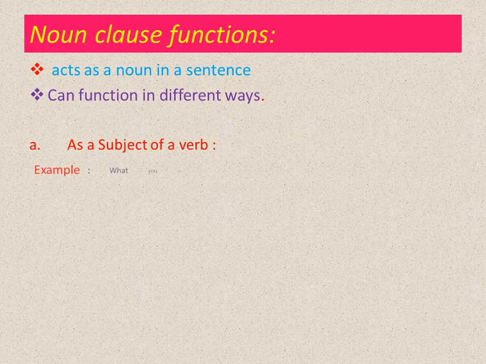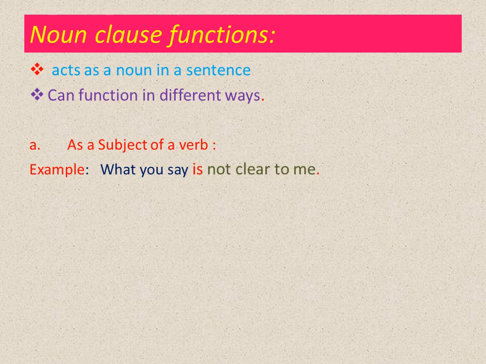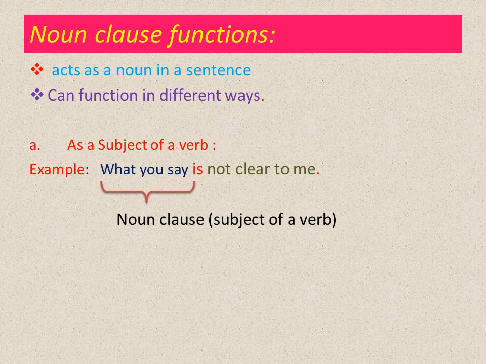Example, what you say is not clear to me. So in this sentence, what you say is a noun clause because you say is a subordinate clause. This subordinate clause is started with the word what, so it is a noun clause.